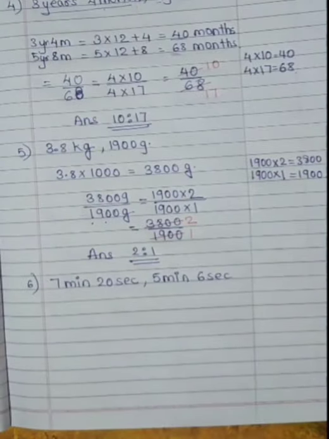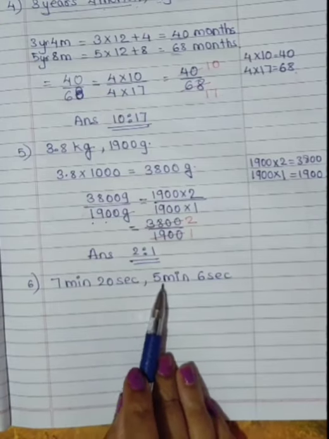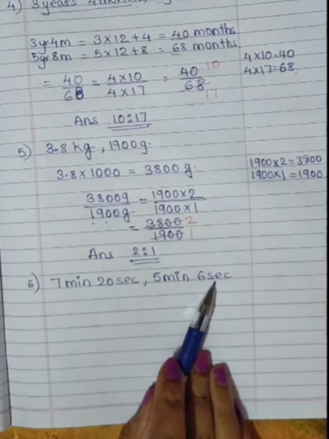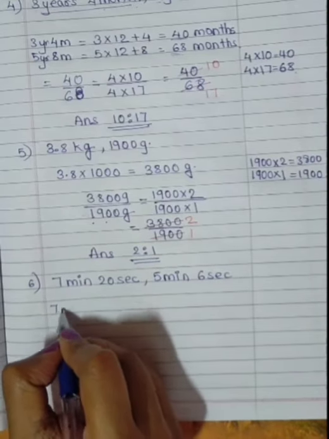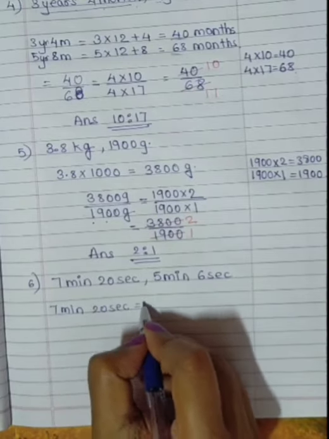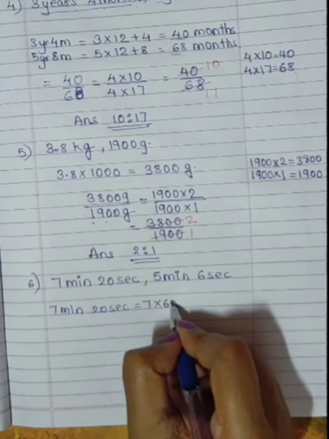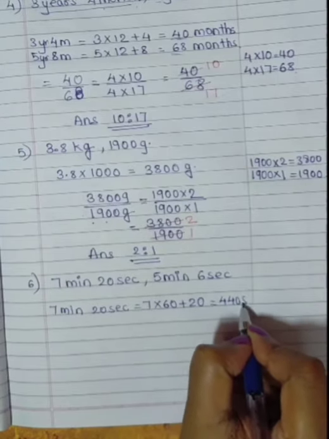Now here in this question, what is given is 7 minutes 20 seconds and 5 minutes 6 seconds. So first we have to convert this into seconds. So I am writing 7 minutes 20 seconds is equal to 7 into 60 plus 20, we will get 440 seconds.